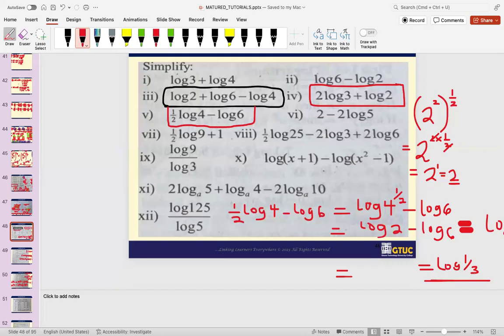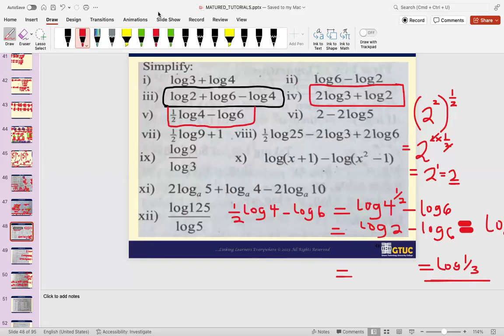There's no need even changing it to 3 to the power -1. You can just leave your answer as 1/3. Because if it becomes log 3 to the power -1, the -1 is going to go behind the log, which we don't want to encourage. So you leave your answer this way.